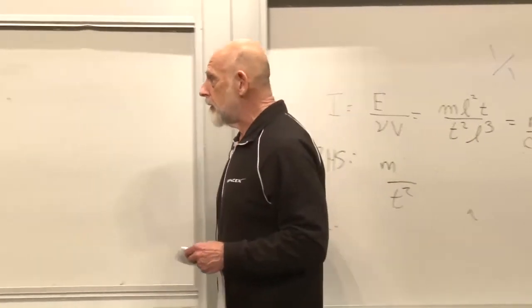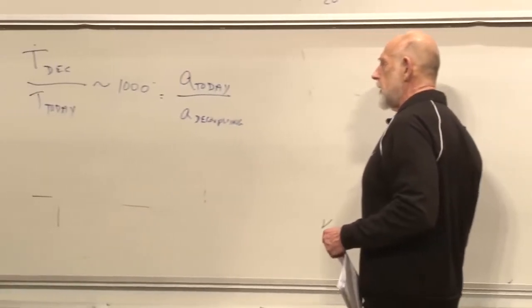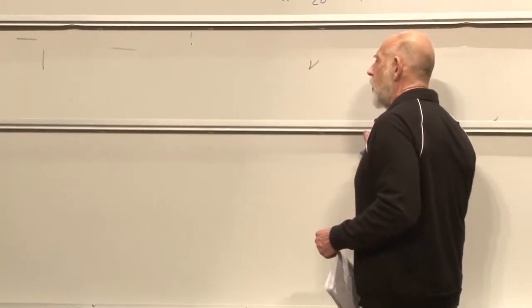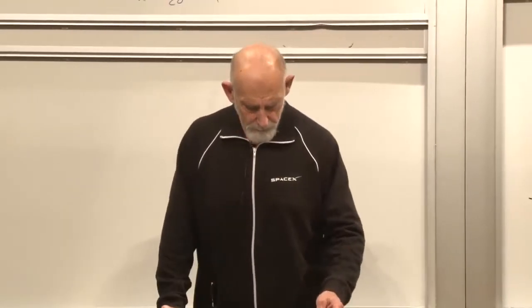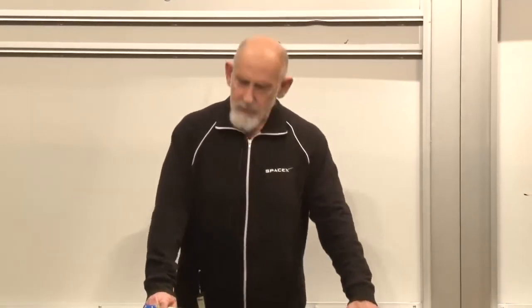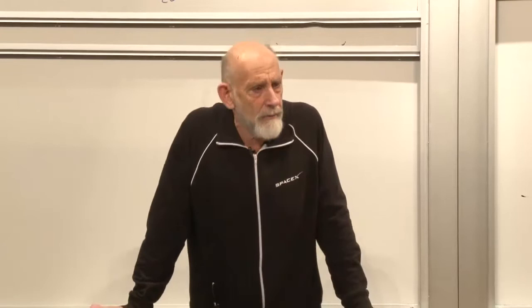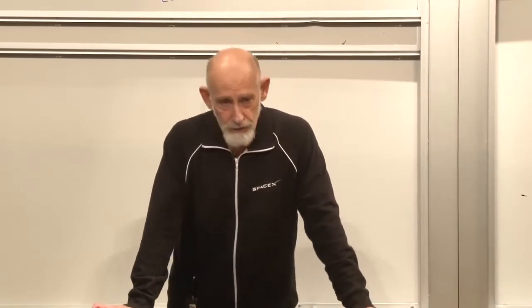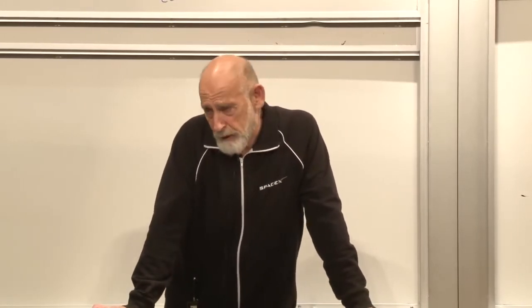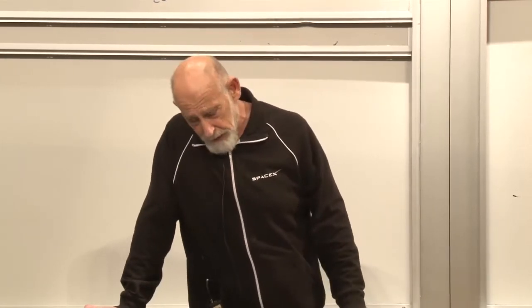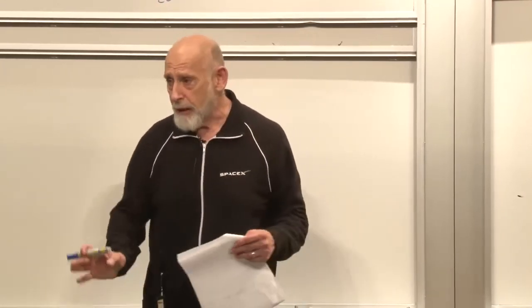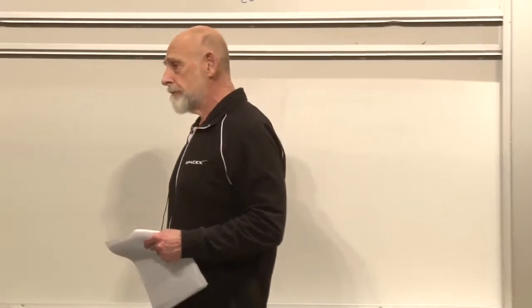Now, the second landmark in going backwards, the second important thing that happened, is the universe went from being radiation-dominated to being matter-dominated. Remember what radiation-dominated and matter-dominated means?